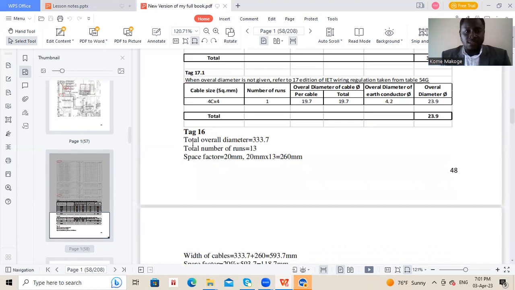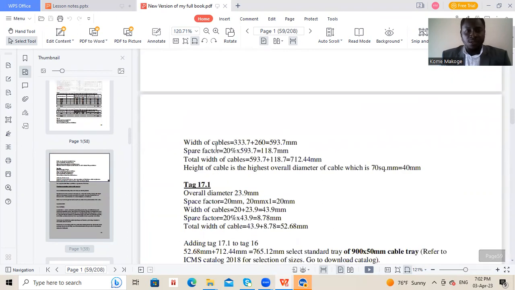So for tag 16, I have a total overall diameter of 333.7. The total number of runs is 13. The space factor is 20 mm, so 20 mm multiplied by 13, the total number of runs of cable, results in 360 mm. So the width is that, with the space factor, and we came up to a height of 40 mm.